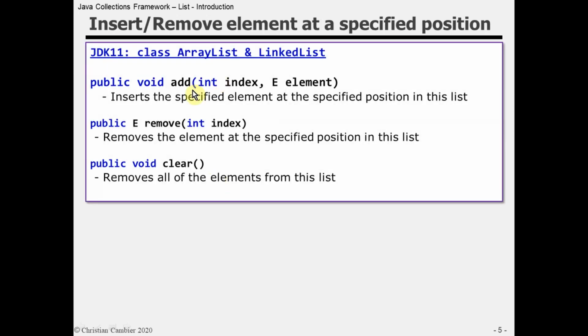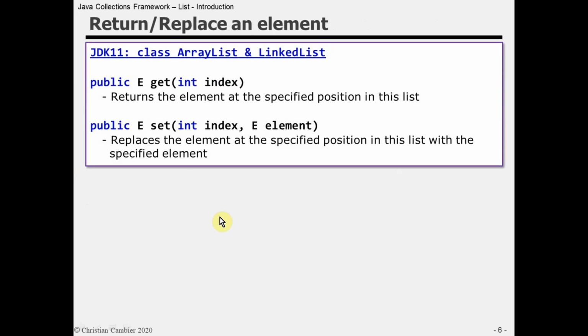Then another add method, which inserts the specified element at the specified index or position in a list, a remove method, which removes the element at the specified position, and a clear method which removes all the elements from a list. Then I'll discuss the behavior of the get method, which returns an element at a specified position, and the set method, which replaces an element at a specified position.